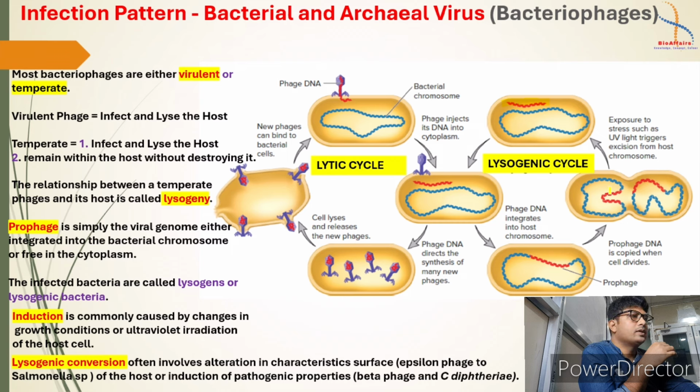Now the phage genome is integrated into the bacterial genome, and this phenomenon is called prophage. So prophage is simply the viral genome either integrated into the bacterial chromosome or free in the cytoplasm.